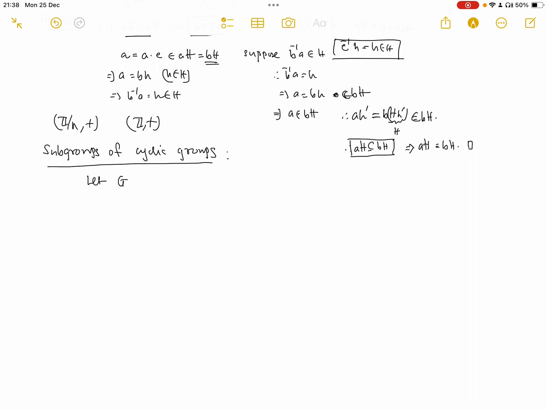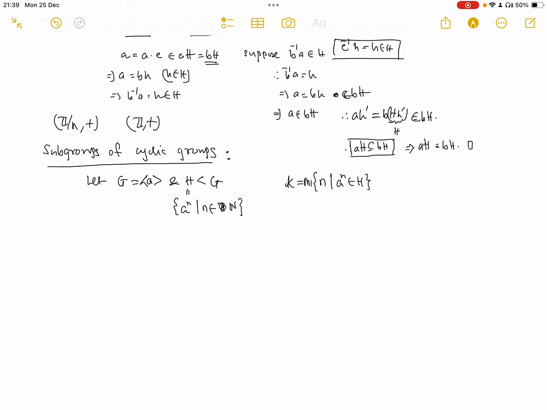So let G be a cyclic group generated by A and H be a subgroup. Any element of G would look like some power of A, right? So the same will hold for the elements of H. What I'm going to do is take the collection of all such n such that A power n belongs to H, right?